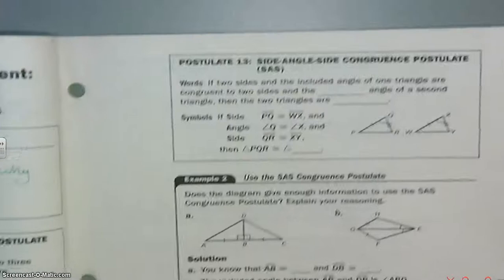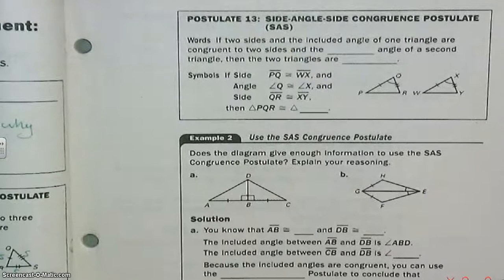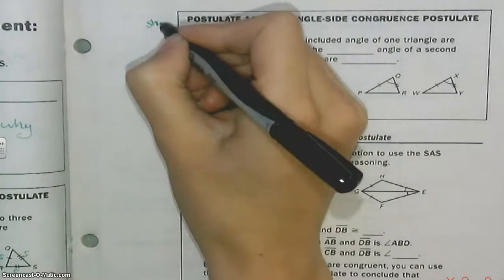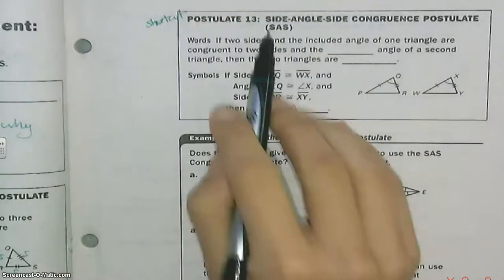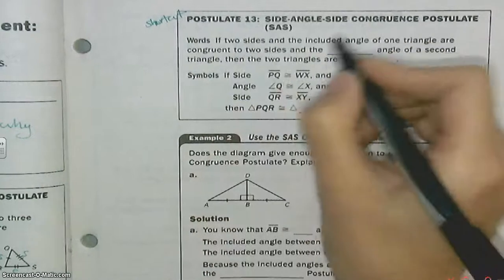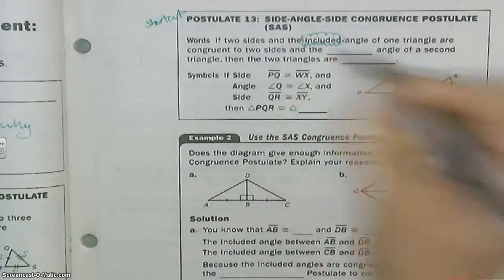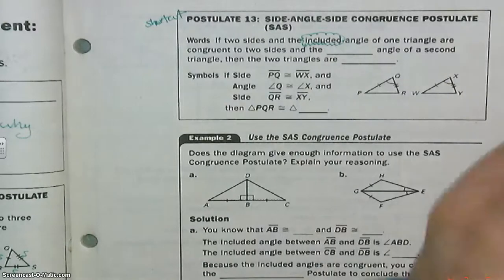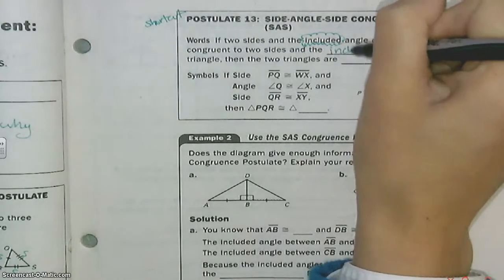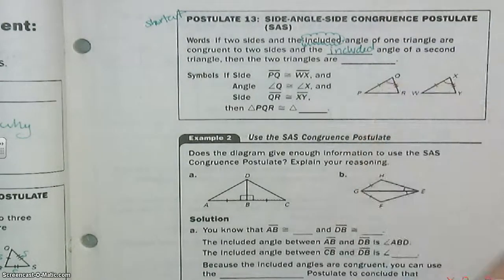Our second shortcut is side, angle, side. So now we've got two sides and an angle. What's really important is the angle is included. So circle or star or highlight that. We need the included angle.